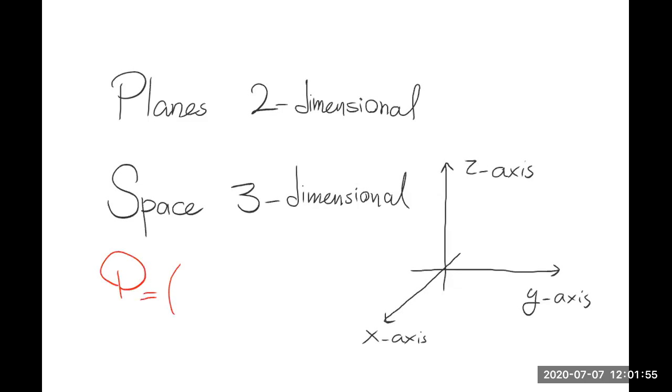So for example, if the coordinates of P are 2, 3, and 1, it means on the x-axis we should look at the point 2. I'm showing it with the red dot there. The second coordinate, or second component, they have the same meaning, is on the y-axis, and it's 3.